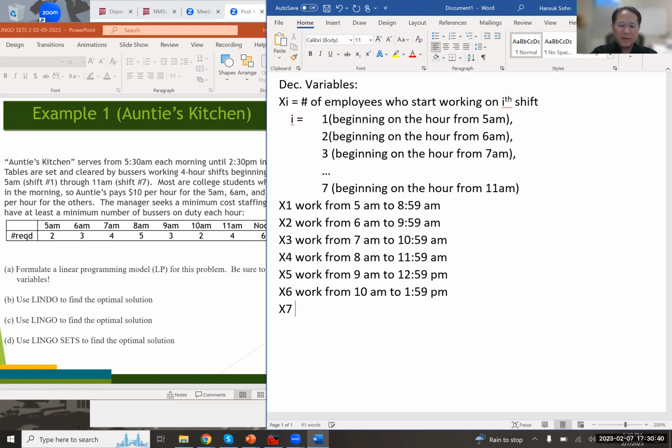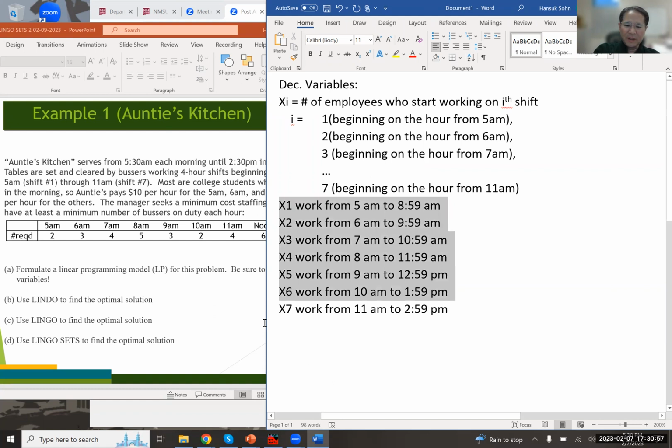And X7 work from 11 a.m. to 2:59 p.m. Is that correct? Okay. So keep this in mind because we definitely need this for our LP modeling.